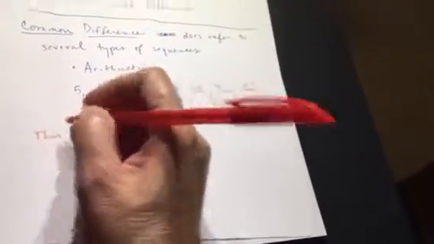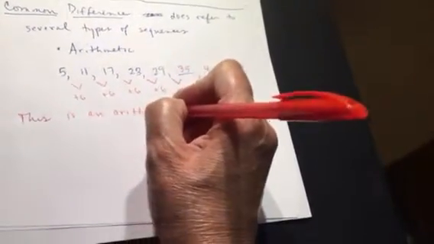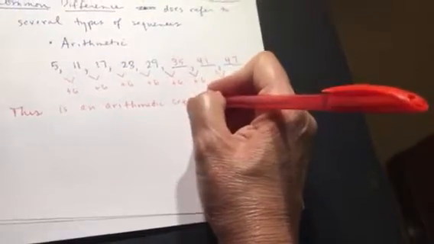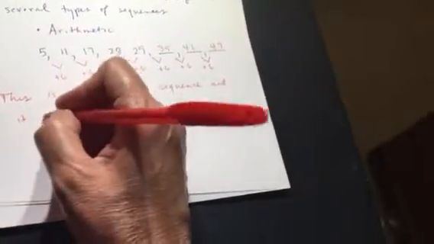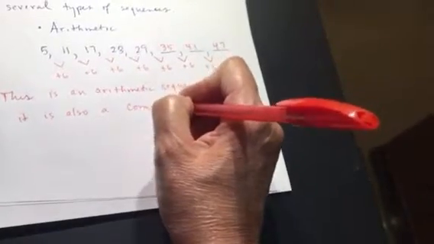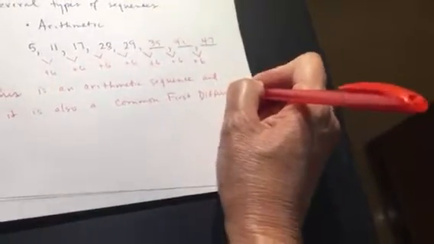So I'll put, this is an arithmetic sequence, and it is also a common first difference. I would expect you would call it arithmetic. Just arithmetic gives a lot more information. Well, they give the same information, but it gives a lot more than just saying common difference.